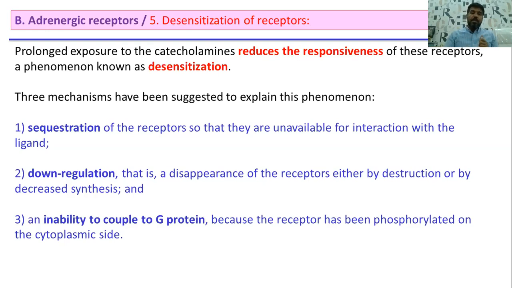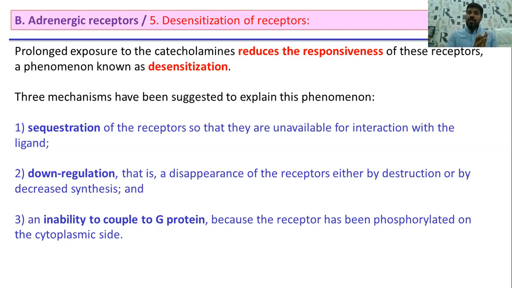First of all, sequestration of the receptor. There's a kind of inactivation of the receptor. And the second mechanism, downregulation. What do we mean by downregulation? There's a decrease in the receptor density, a decrease in the receptor concentration, a decrease in the receptor number on that neuron.